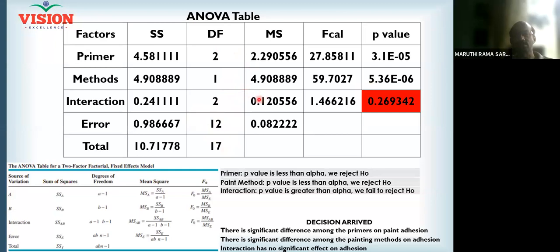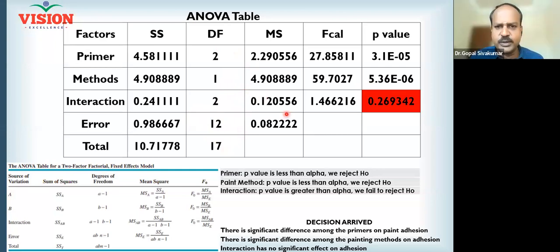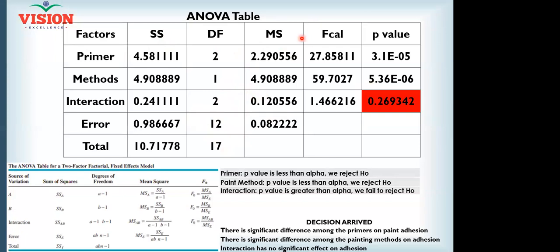Excellent. Now we are moving on to the next column, which is called mean sum of squares. Here it is the sum of squares for the factor. Here it is the mean sum of squares.